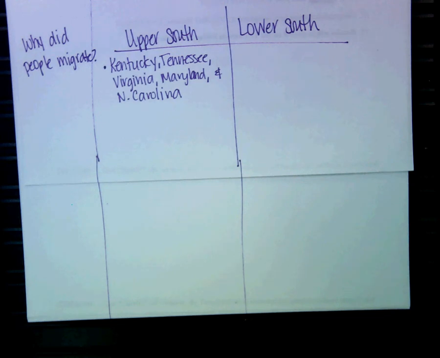These people in the Upper South wanted to get away because the people moving wanted to have their own farms, okay? In the Upper South, well, really in the South, you had a lot of slavery going on, and you had huge plantations. And a plantation is a place where you have lots of acres, hundreds of acres of land, and you have to farm that.